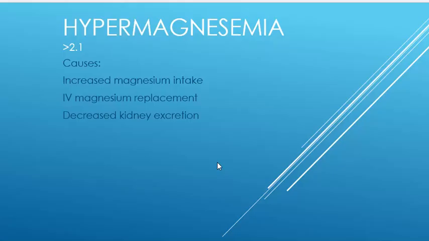Your patients that have kidney disease will experience a lot of these electrolyte imbalances just because the kidneys aren't functioning properly. You could also have hypermagnesemia if your patients overuse magnesium-containing antacids or laxatives.